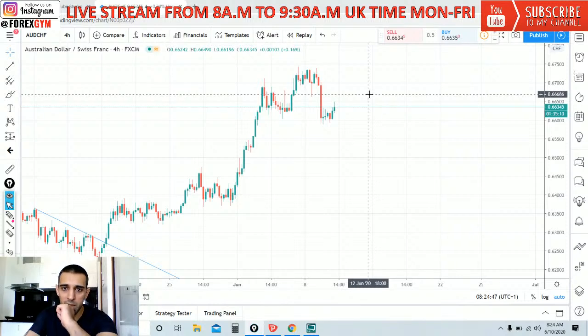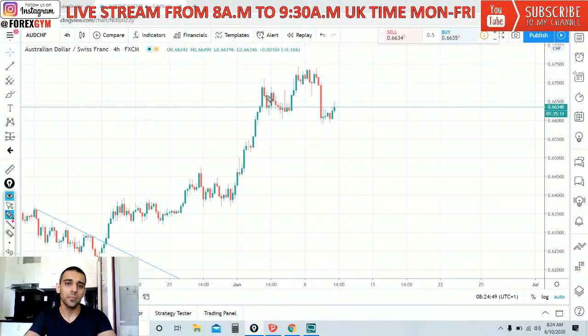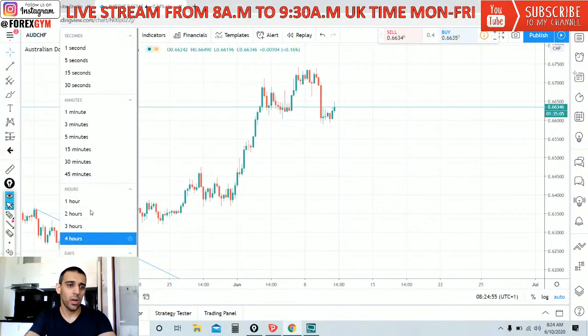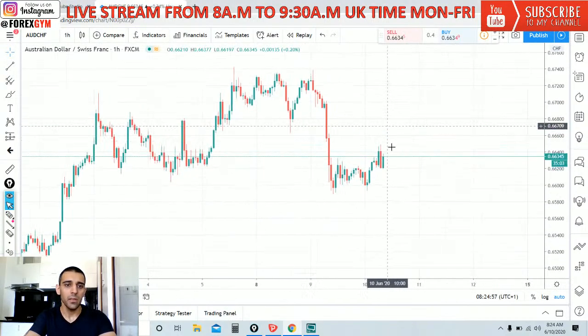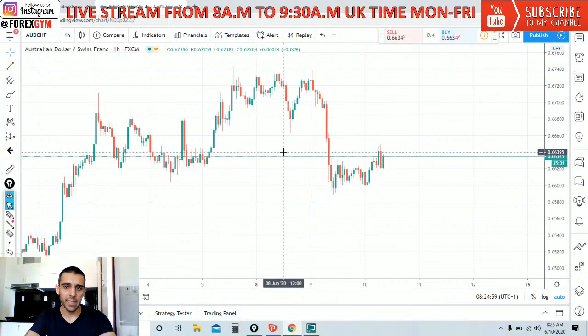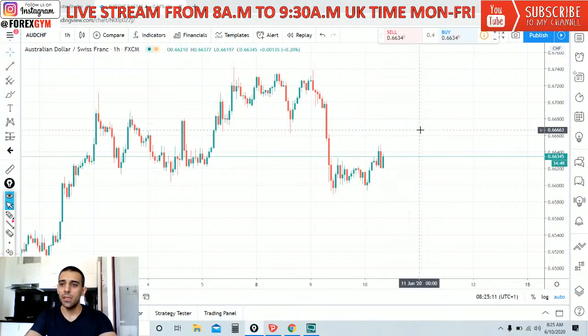As for the short, it's going to be up to this 4-hourly high in here. The reason why, on the 1-hour time frame, if you go look at it, the price already came up and tested that resistance level up to this level. The price even went further and took out these highs as well. Then it had a reaction, quite sharp towards the downside, and now the price is coming back up.